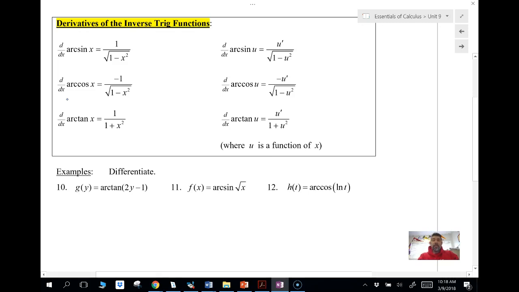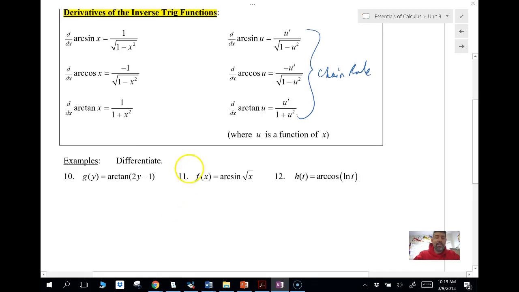For arc cosine it's negative 1 over the square root of 1 minus x squared, because the derivative of a co-function has a negative. You're not going to need the secant and the cosecant for the AP exam, so we're going to stick to arc sine, arc cosine, and arctangent. And these are just the chain rule versions of these, so we just multiply by the derivative of the inside. Let's take a look at some examples.